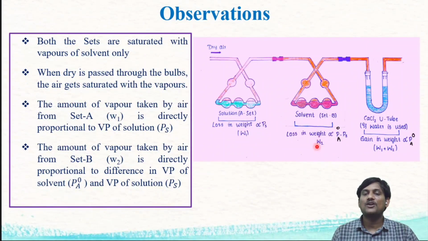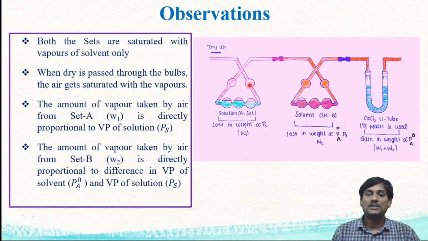In this case, the loss in weight W2 is not directly proportional to the vapor pressure of pure solvent. What is the reason? The air coming from set A is already saturated to the vapor pressure PS. So here the loss in weight W2 will be directly proportional to PA0 minus PS, not PA0.